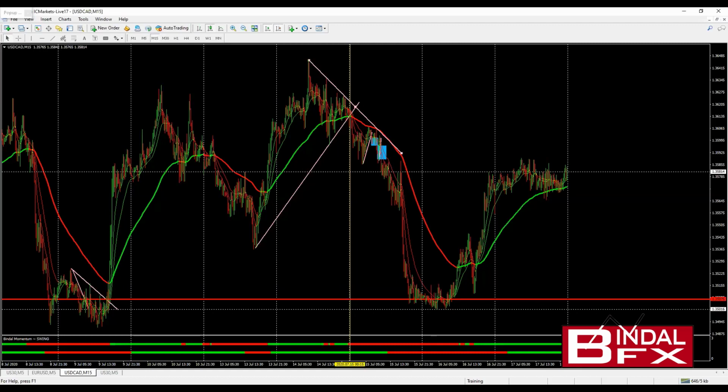So that's the beauty of it. It's not restricted. In this case, I'm using a 15-minute chart. On some of the other charts, you'll see that there are actually 5-minute charts, and it works equally as well. So depending on how you want to trade, do try and do that.